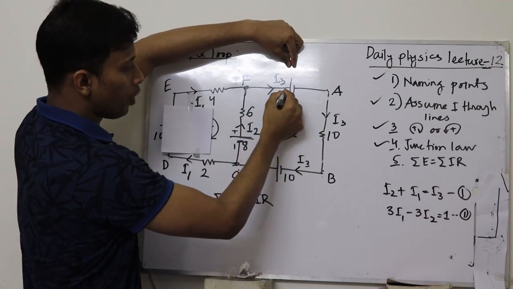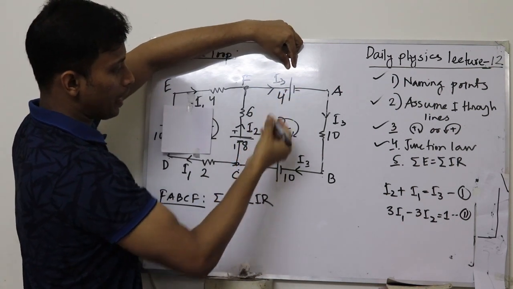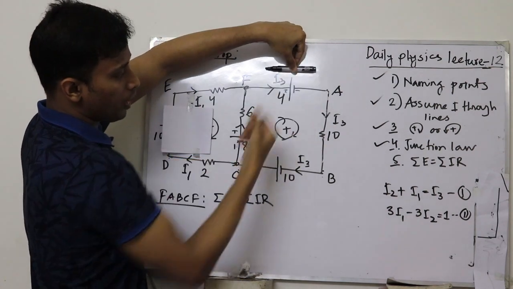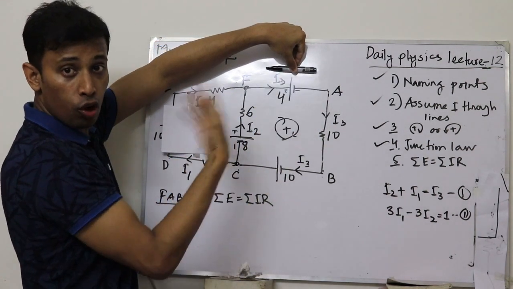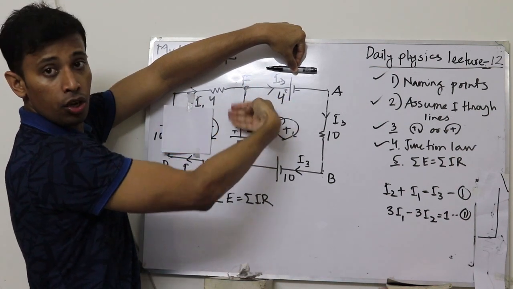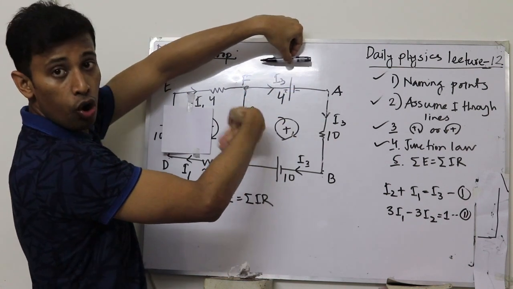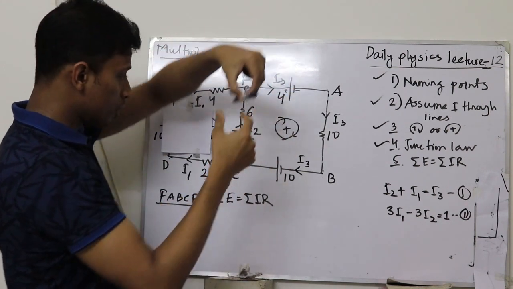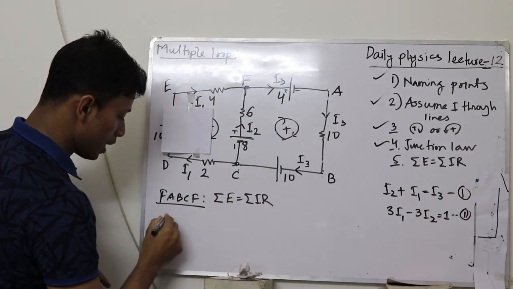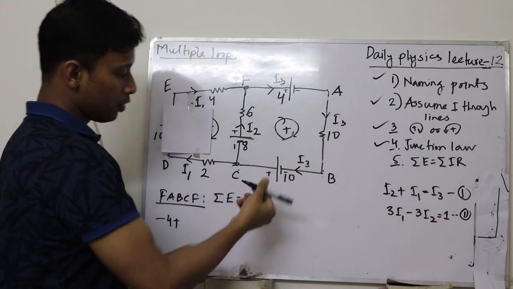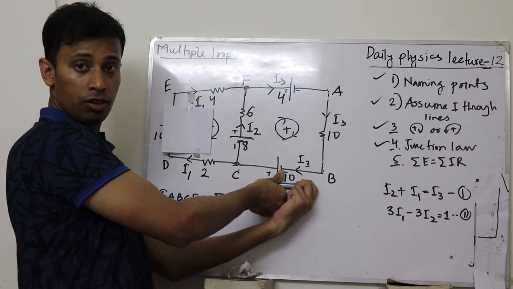So what about this 4 cell? It's acting towards this direction, right? Positive is towards this direction. Let's go for the clockwise positive direction. The cell is acting opposite to the clockwise, so this 4 is a negative cell. Let's go for this 10. It is acting towards this direction.